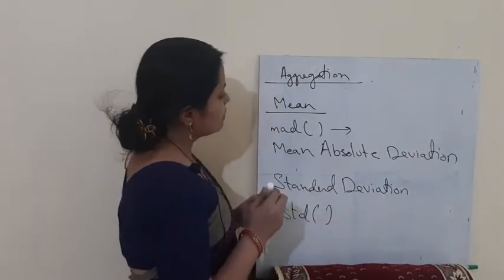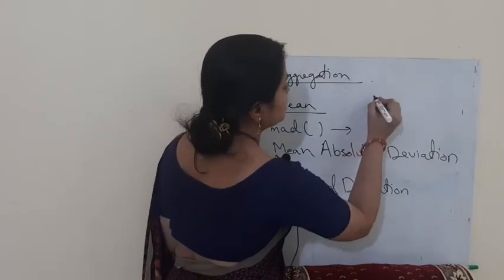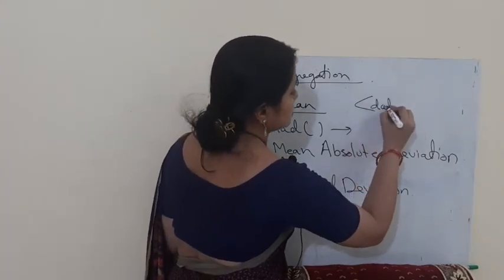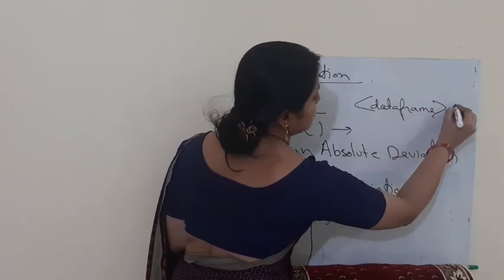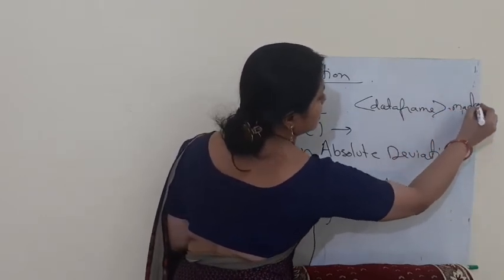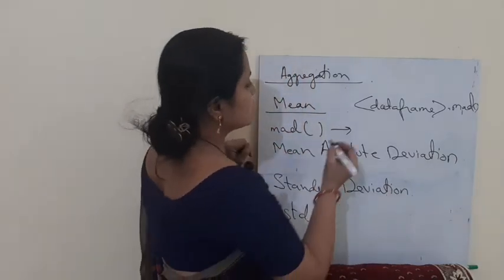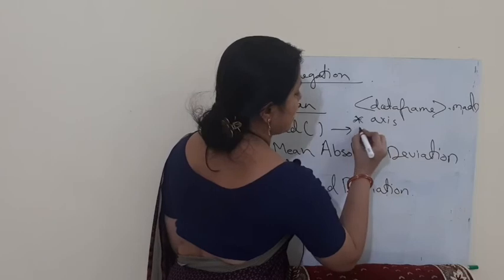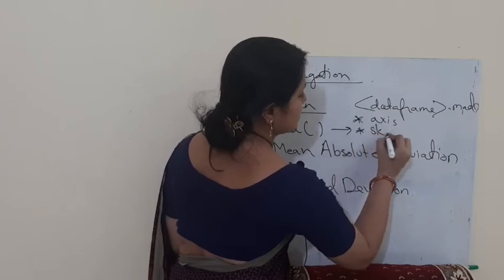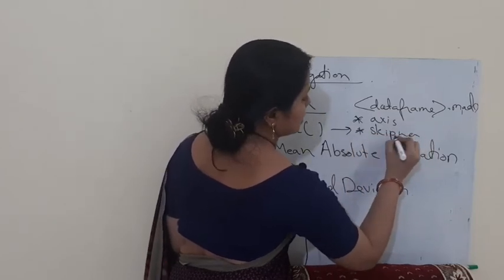We know how we will be using the data frame. Data frame dot mad, and the arguments here are axis and skipna.